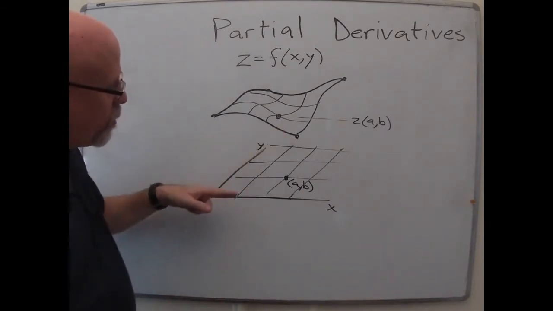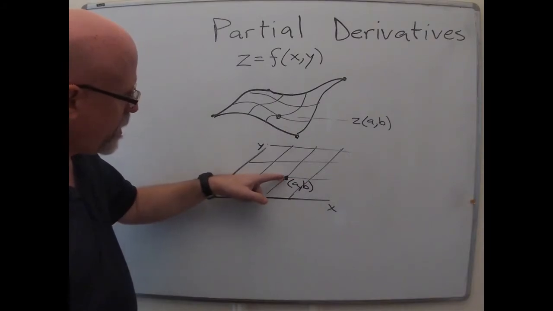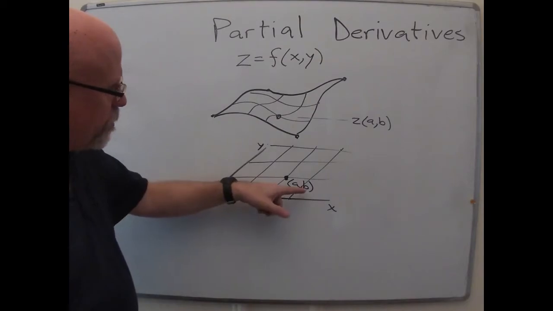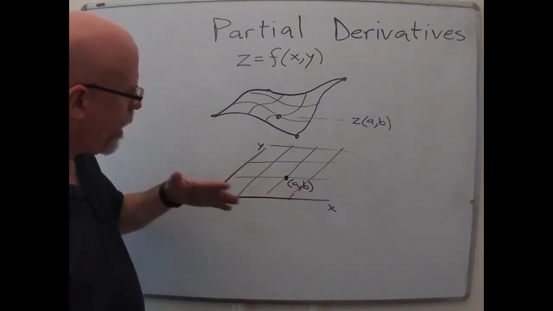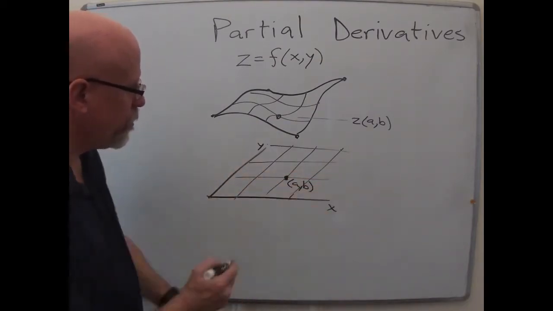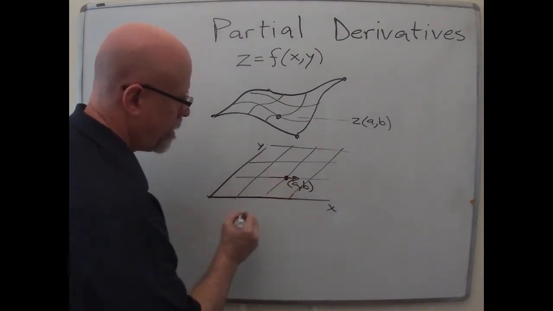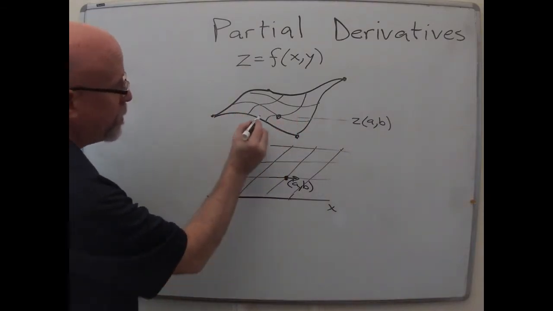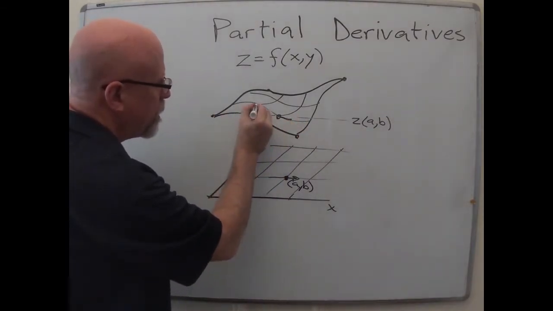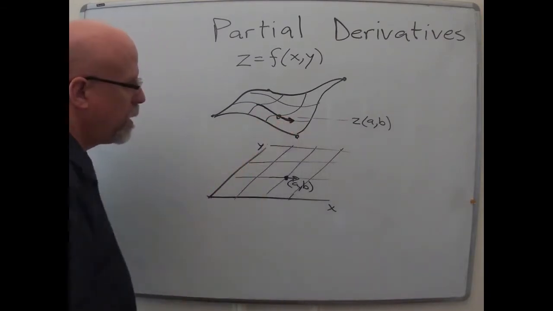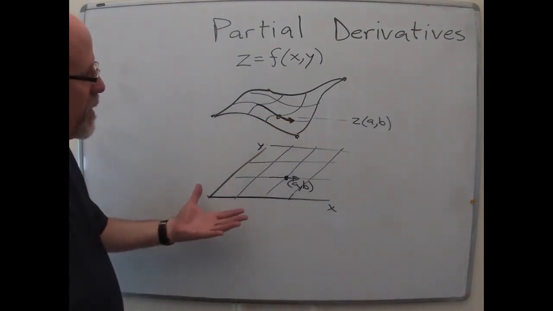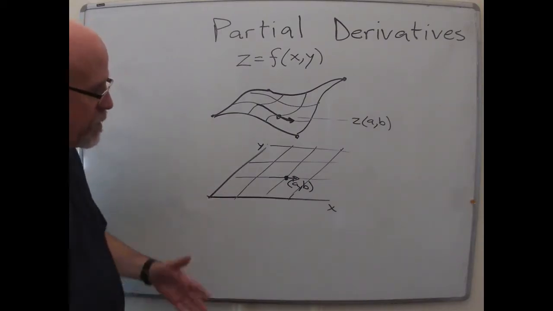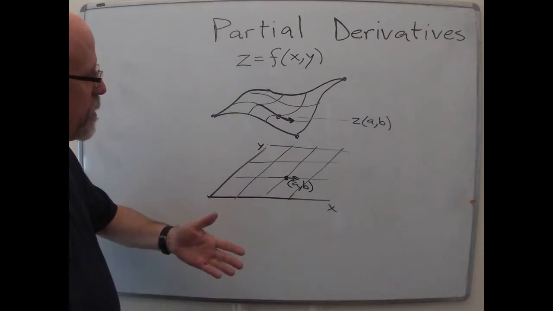What if I go sideways? What is the x coordinate of that point? It's a. What is the y coordinate of that point? It's b. So what if I just held y fixed and let x change and we moved this way? That would correspond up here on this magic carpet to moving along this line. And the beauty of thinking of it that way is I've just turned this into Calc 1.